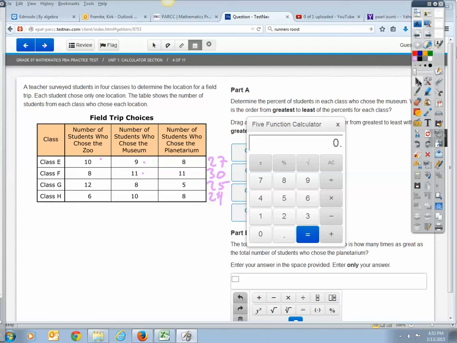So let's go ahead. So we have 9 divided by 27 equals 1/3. So I'm going to clear that. Let's do 11 divided by 30. That's 36. Let's round out to 37%.